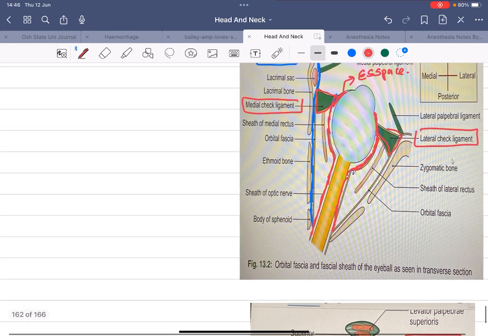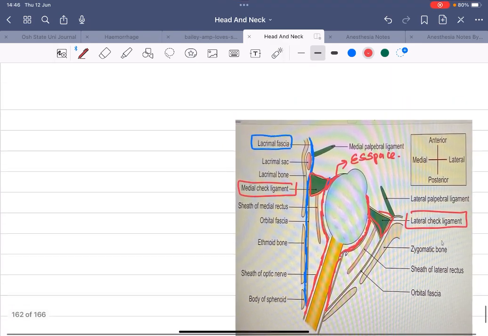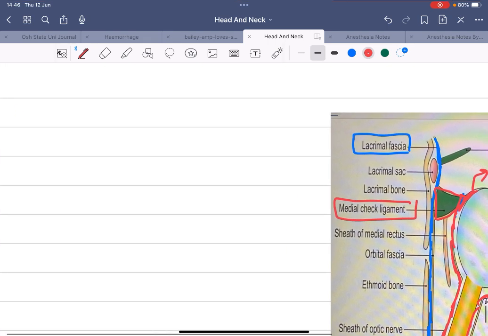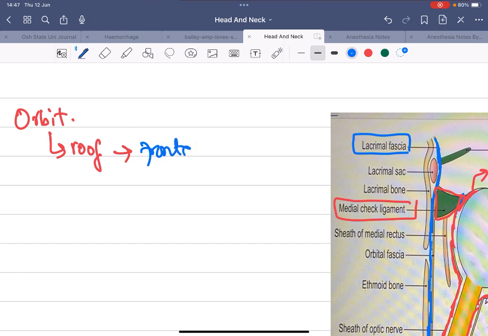Orbit. Okay, now we must know what are the borders of the orbit. So please remember, whenever you are writing the borders of the orbit, number one thing: roof is formed by the frontal bone and the lesser wing of sphenoid bone.